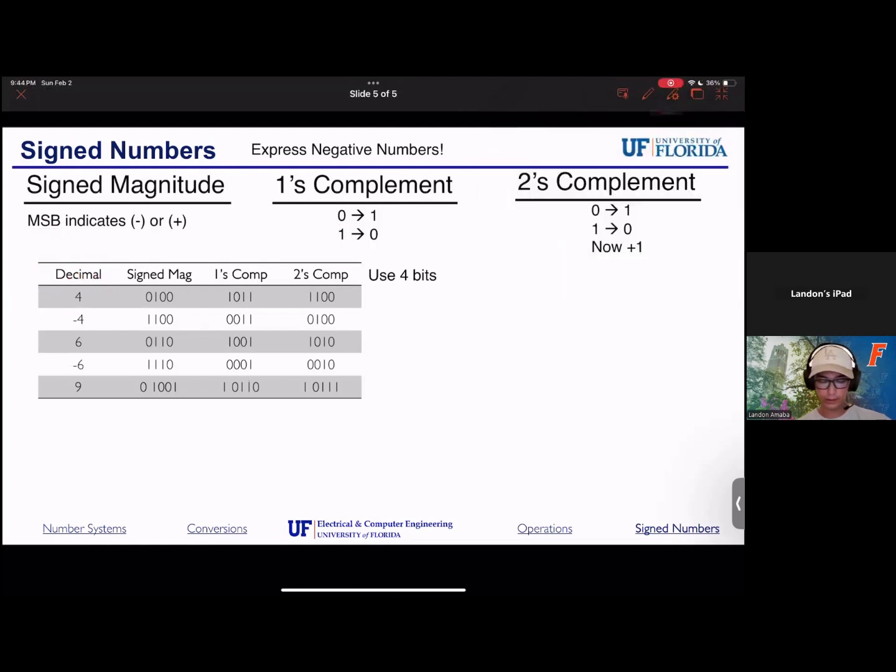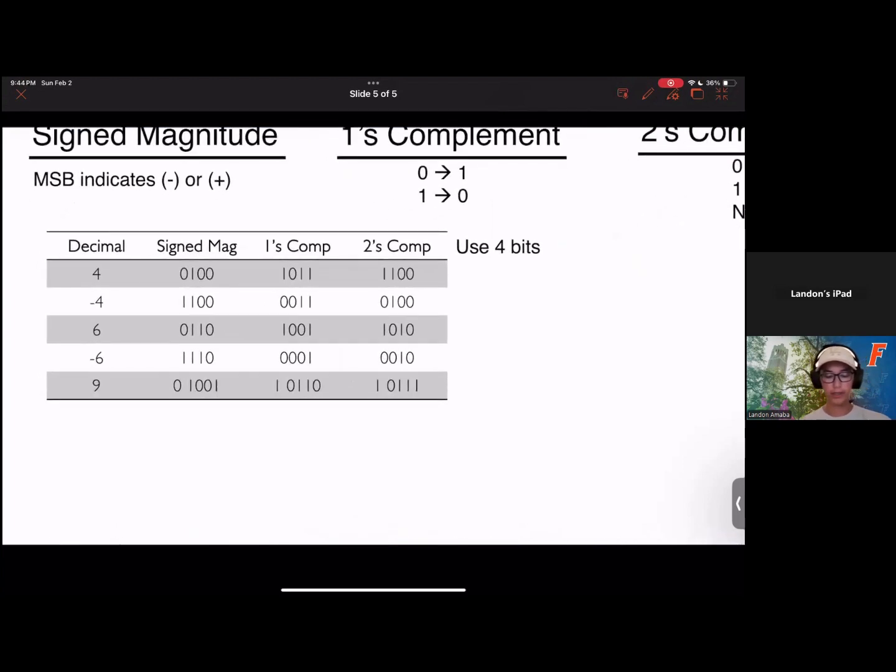So here is an example of a decimal number converted to all of these representations. You can see if you just look at the last 3 bits, this is 4, and then the most significant bit is 0 to indicate it's positive. But if we want to express a -4, we keep the same 100 format and we just make the most significant bit 1.